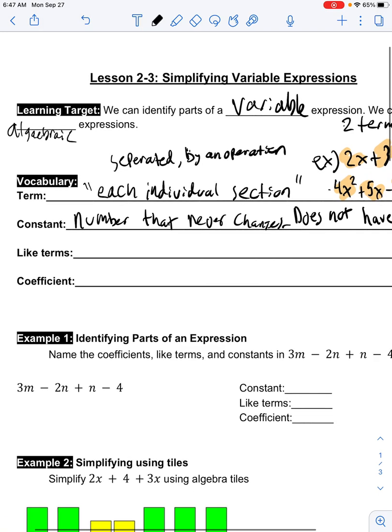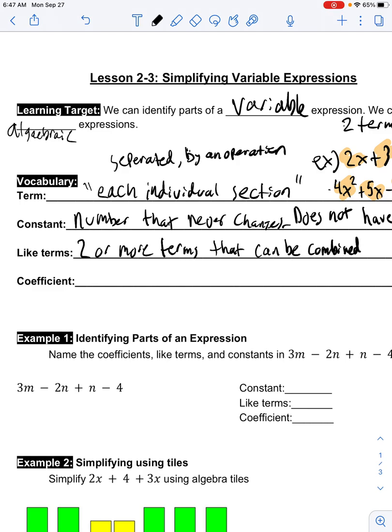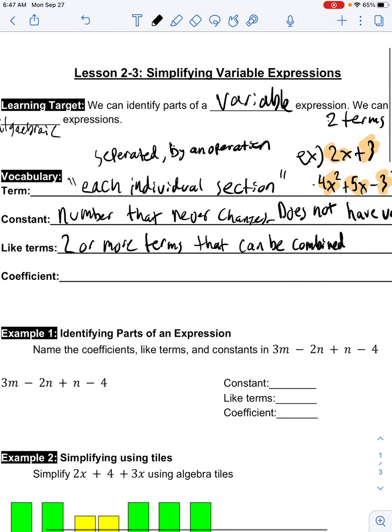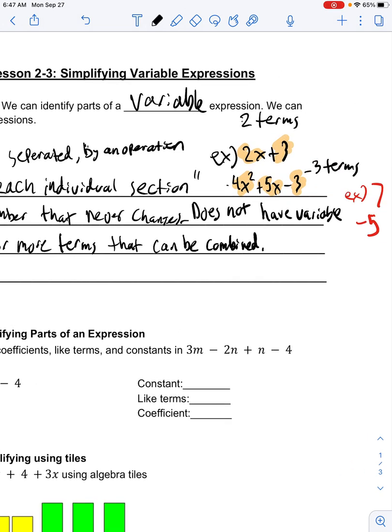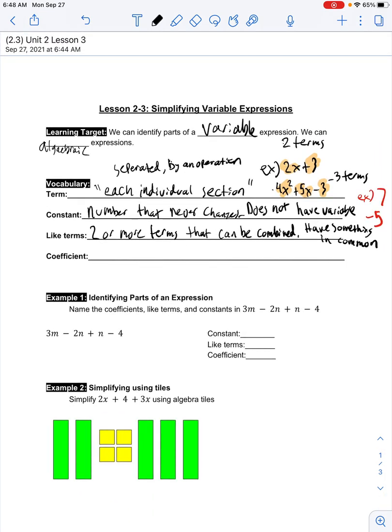Now, like terms are 2 or more terms that can be combined. So they have something in common. Let's do an example.